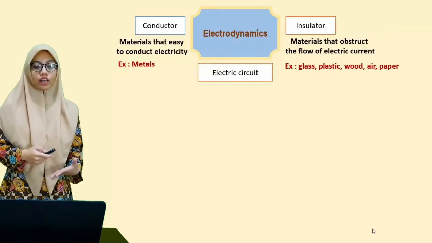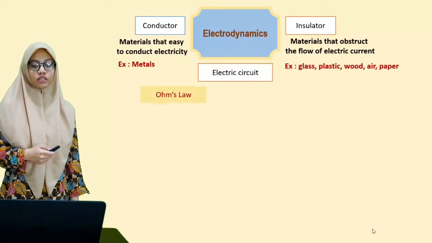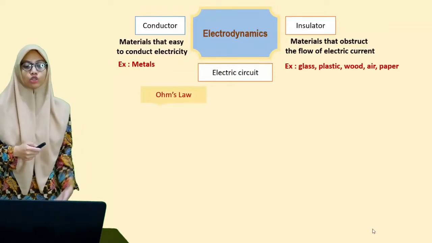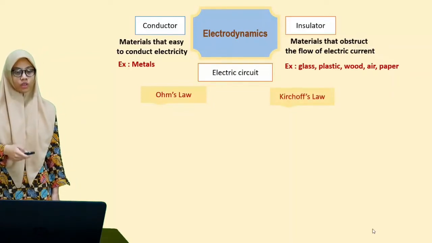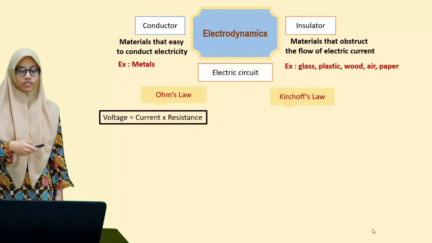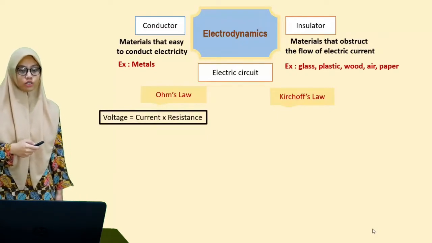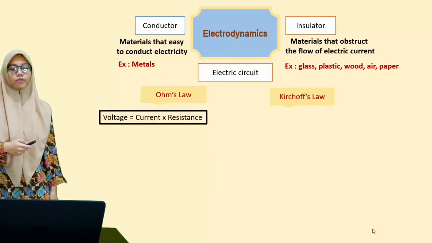If we're talking about electric circuits, we can divide the laws into Ohm's law and Kirchhoff's law. Ohm's law says that voltage equals current times resistance.